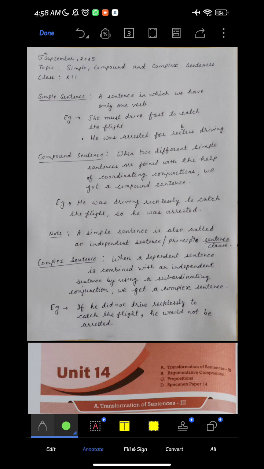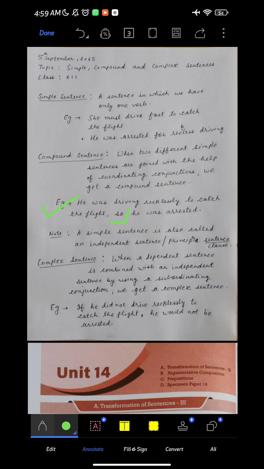So we have the example. I have used the same sentences so that you can understand it better. Earlier we discussed simple sentences, and those two examples I have just combined. You can see here: he was driving recklessly to catch the flight, so he was arrested.